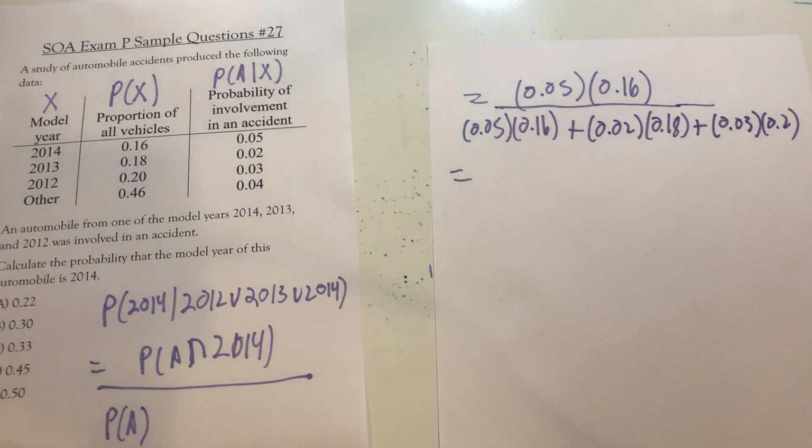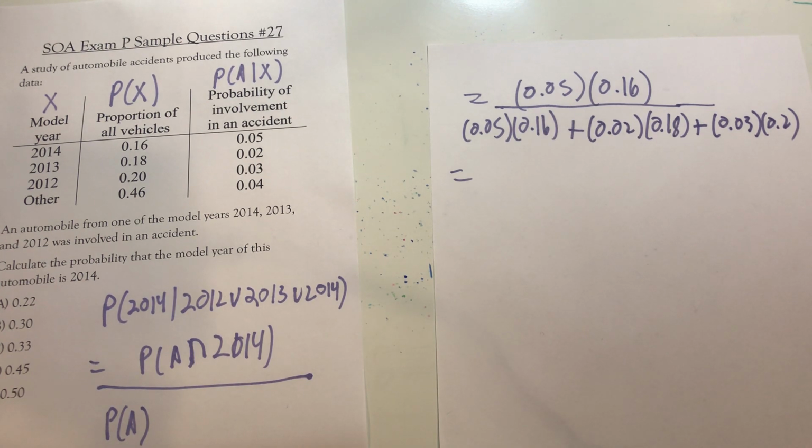Once you have this set up. So in the numerator, I'm going to have 0.05 times 0.16 over 0.05 times 0.16 plus 0.02 times 0.18, and then finally plus 0.03 times 0.2.